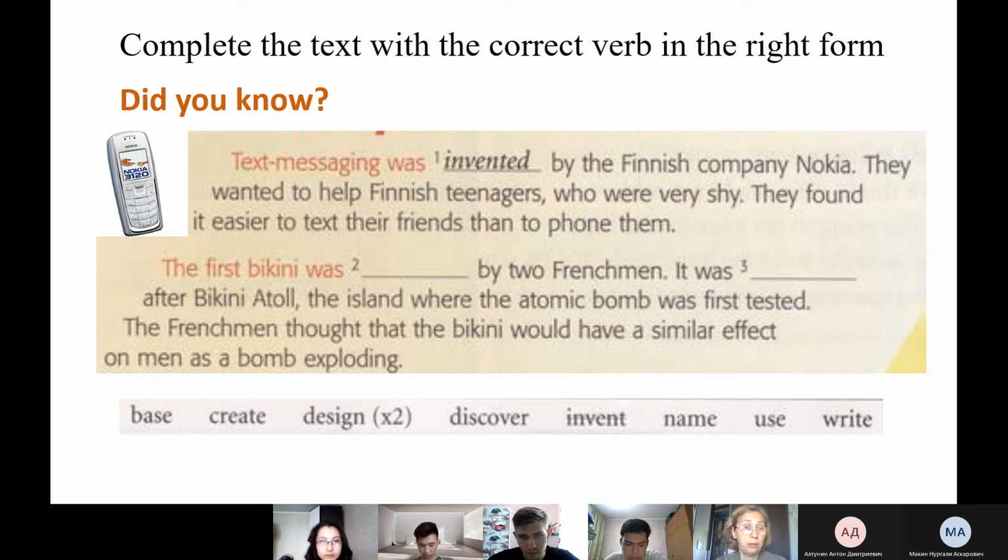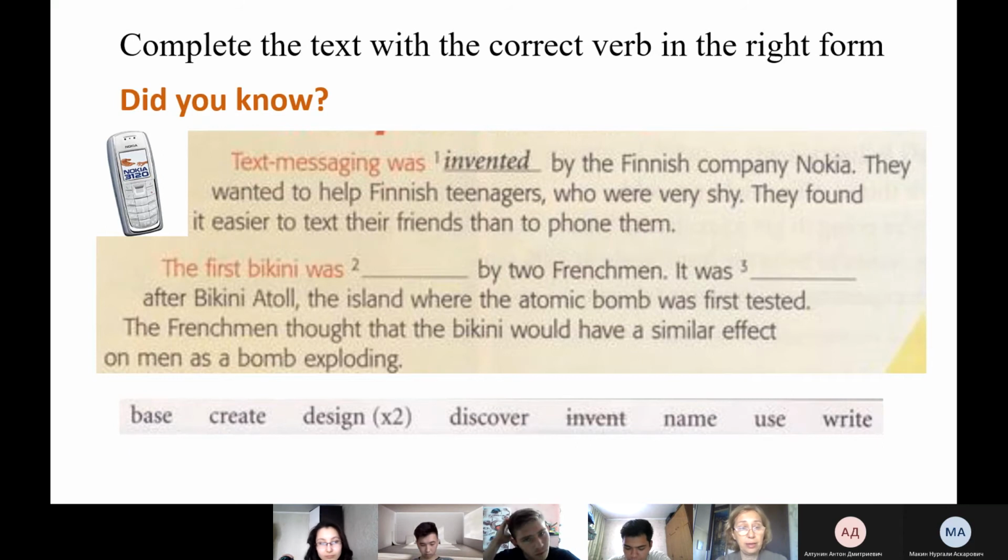Yes, it's interesting facts. То есть вот это рассылка сообщений именно компании Nokia была изобретена для финских тинейджеров, которые very shy, были очень стеснительными, и для них проще было что-то написать, чем сказать словами, да? And now it's very popular.